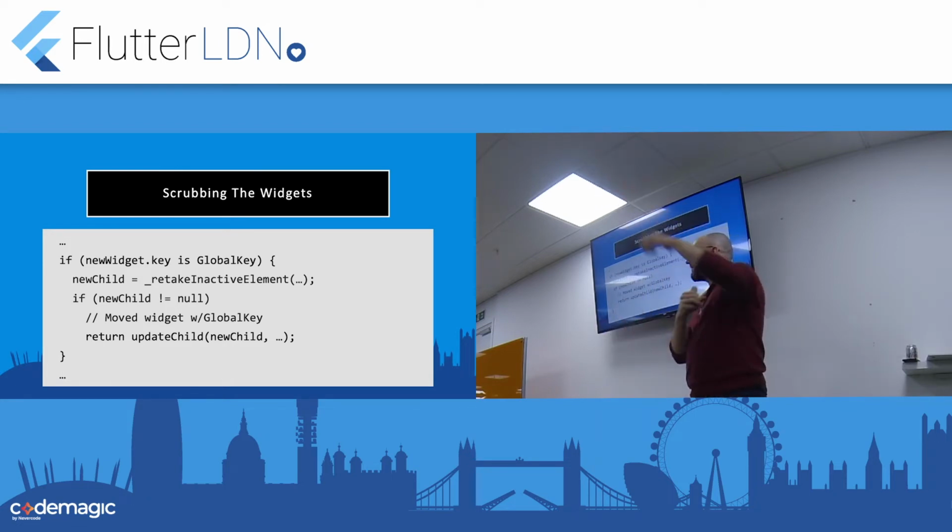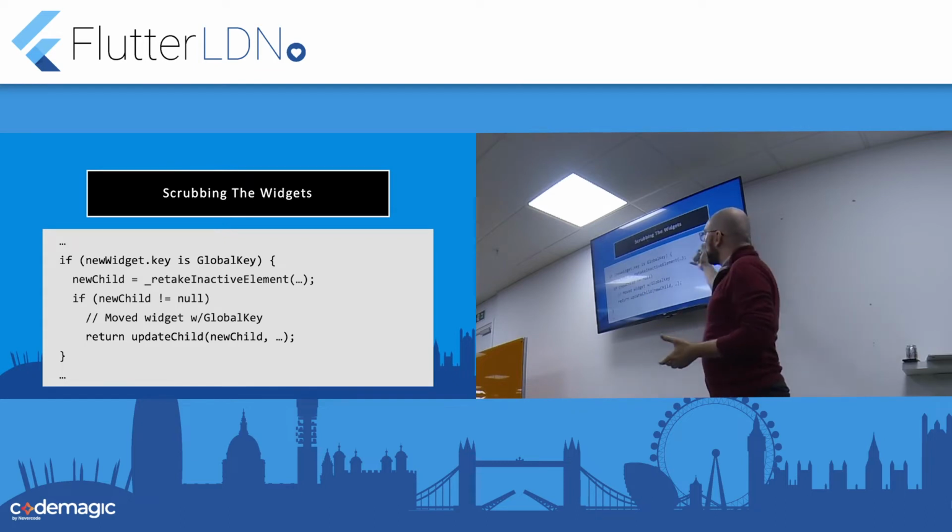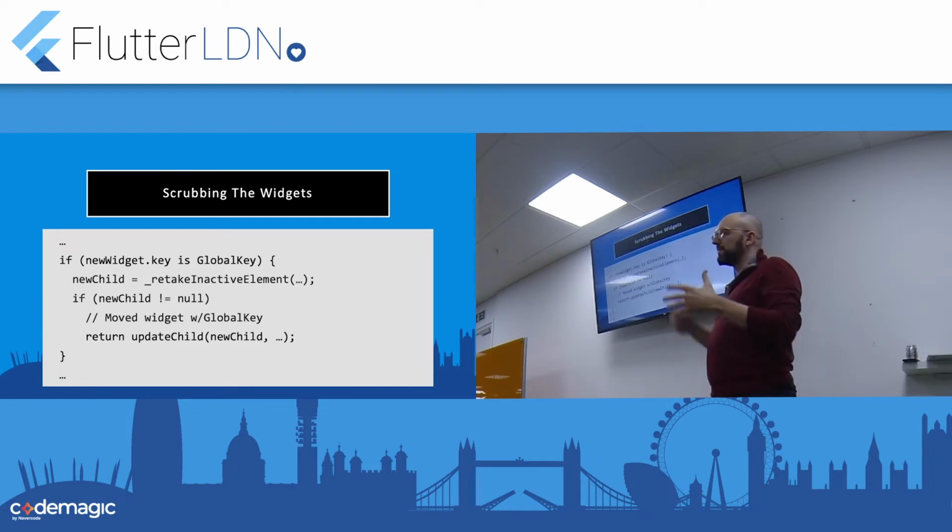For example, they contain images that are rendered. This is an expensive operation, to render some images. We don't want to redraw, for example, an image, so we give it a global key. But this is a corner case. It's more here just for completeness.